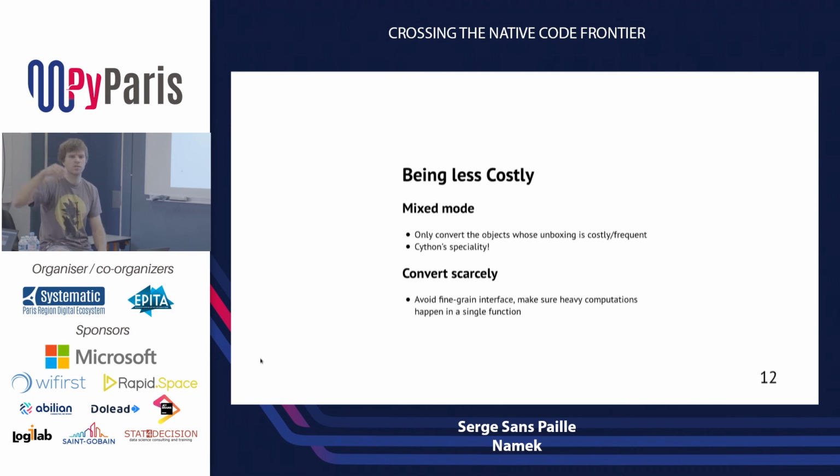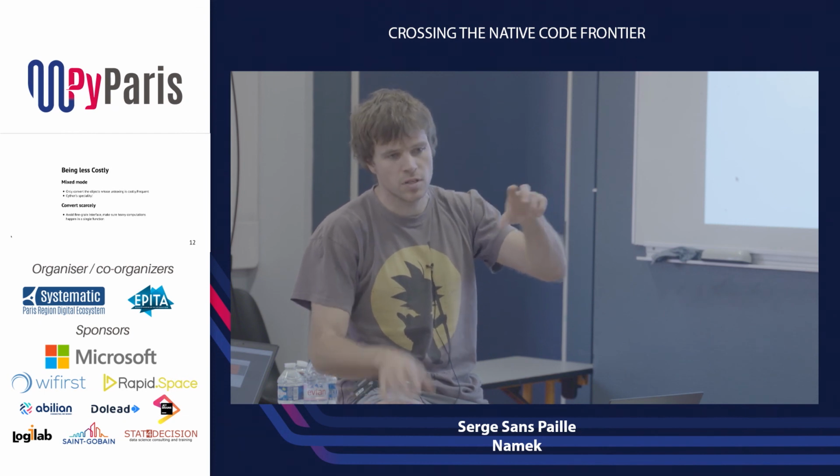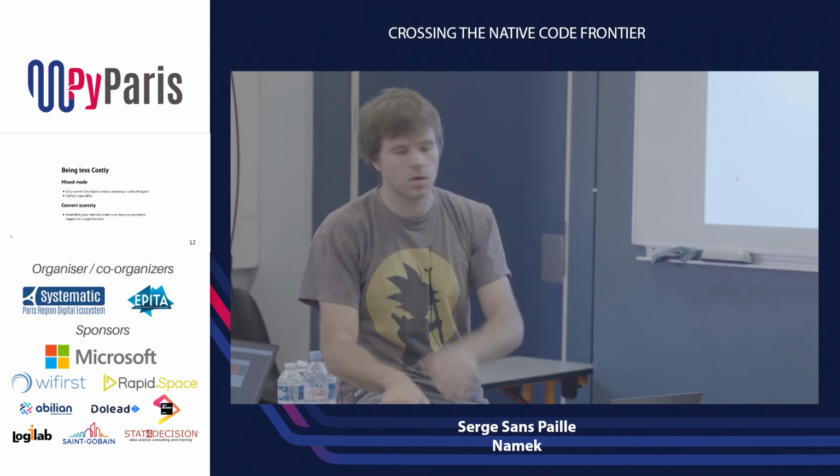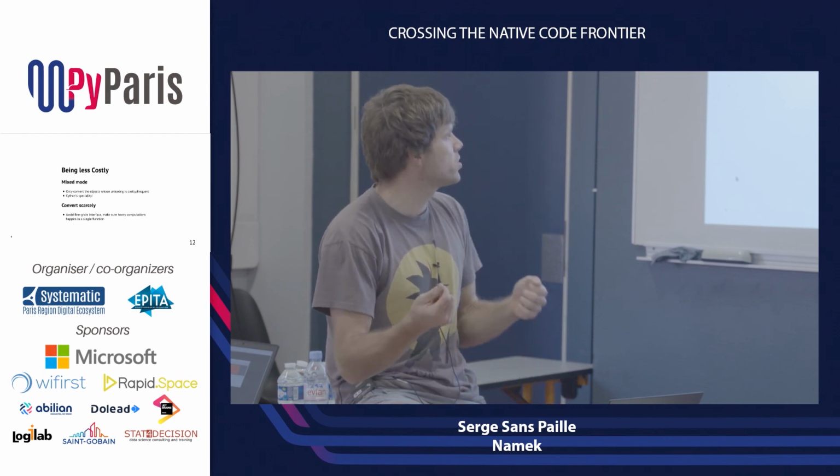When you use Cython, you have this colored output in HTML where you see part of the code is in Python mode and part of the code is in native mode. And you don't care: if you only optimize the loops, then the other parts don't need to be unboxed. Okay? So running in mixed mode is a good way to avoid some costs.